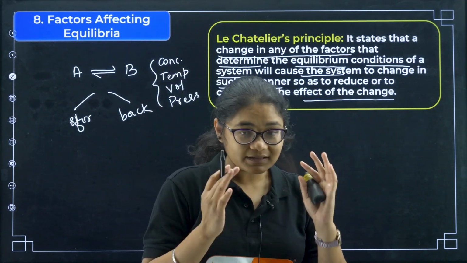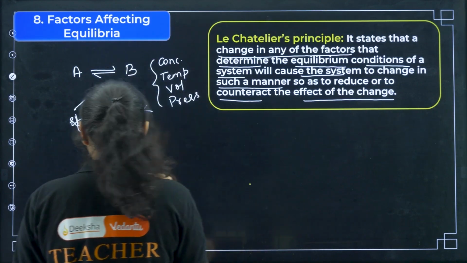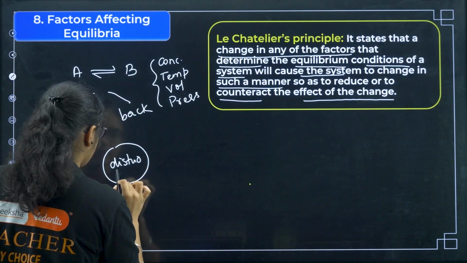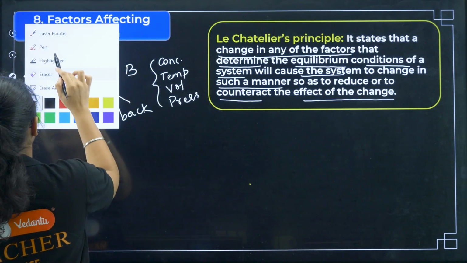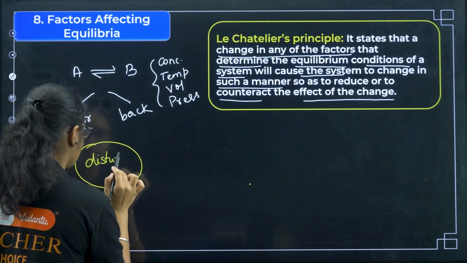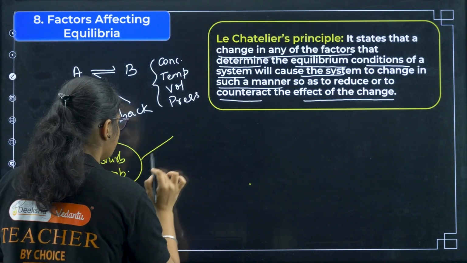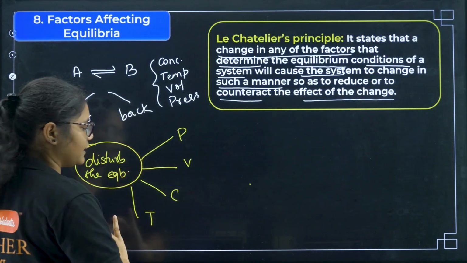Now this is the meaning of the last part. The first part is if you disturb the equilibrium. How can you disturb the equilibrium? You can disturb the equilibrium by pressure, volume, concentration and temperature.